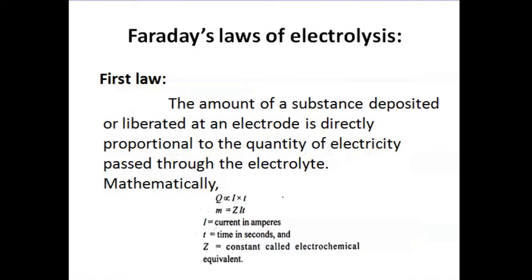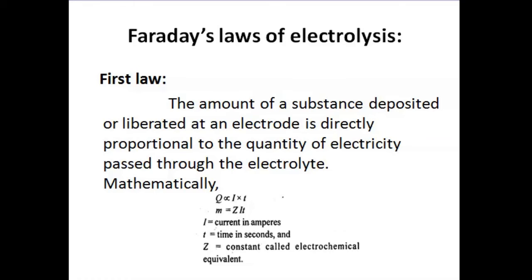So based on the electrolysis, we have two Faraday's laws of electrolysis. The first law of Faraday says that the amount of substance deposited or liberated at an electrode will be directly proportional to the quantity of electricity passed through the electrolyte.